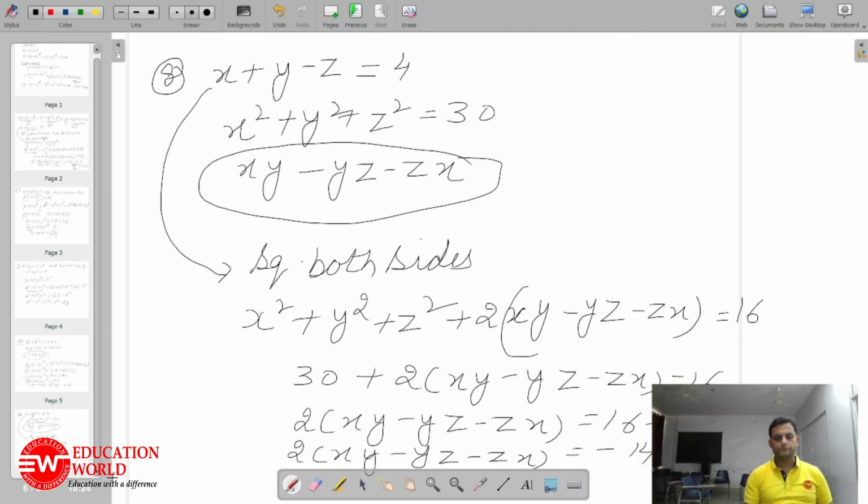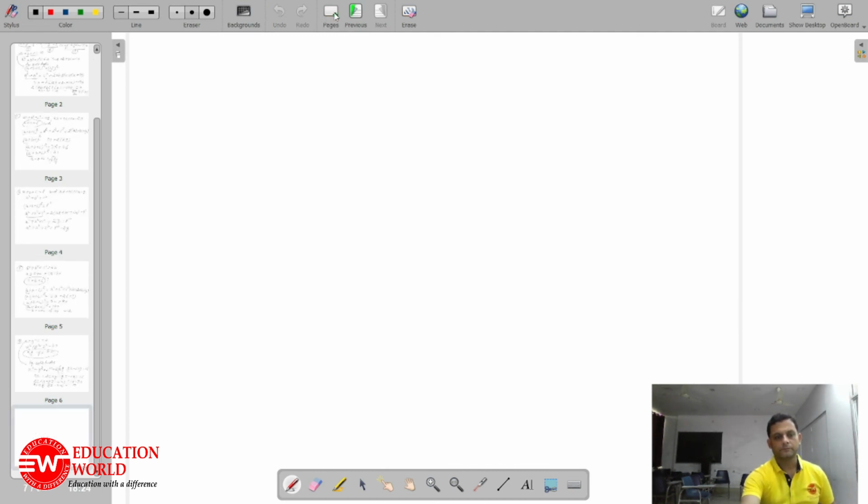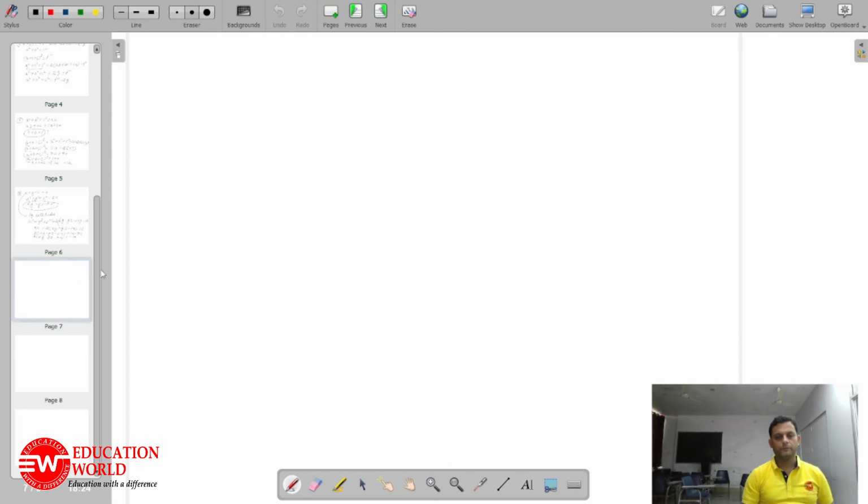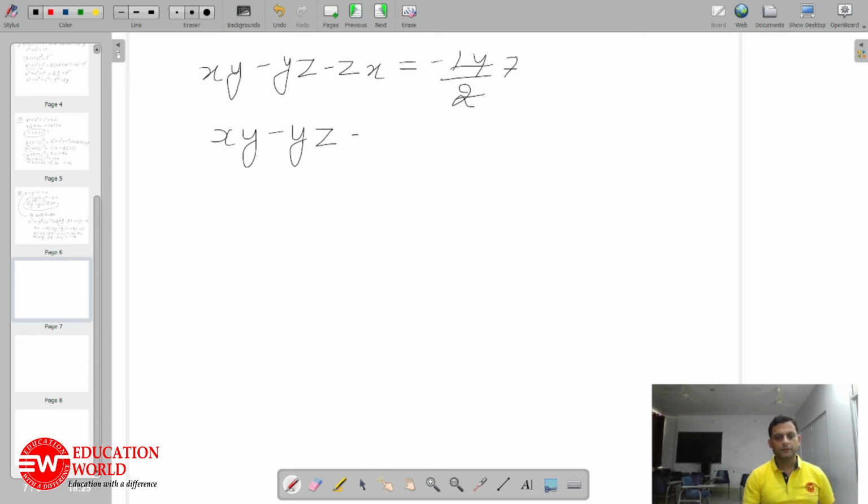Then it will be divided by 2. So xy - yz - zx is minus 14 divided by 2, so it is minus 7. So xy - yz - zx is equal to minus 7.